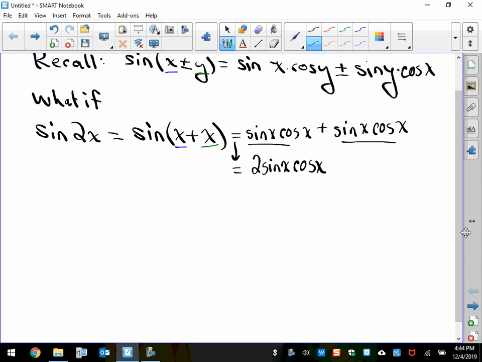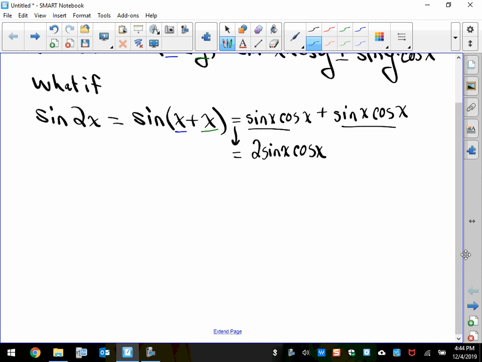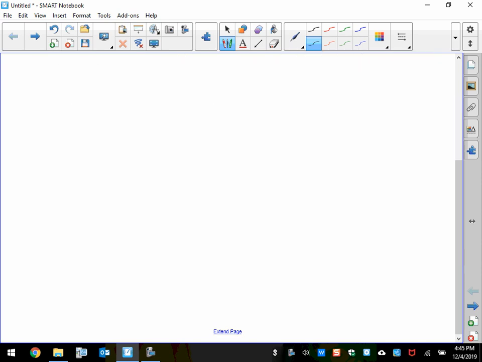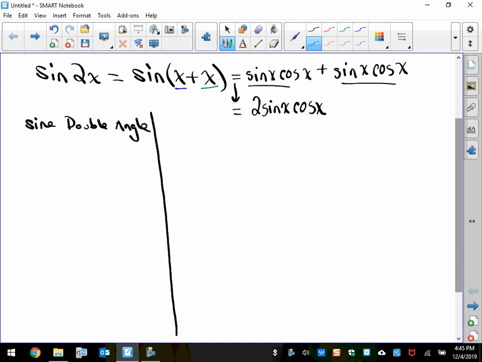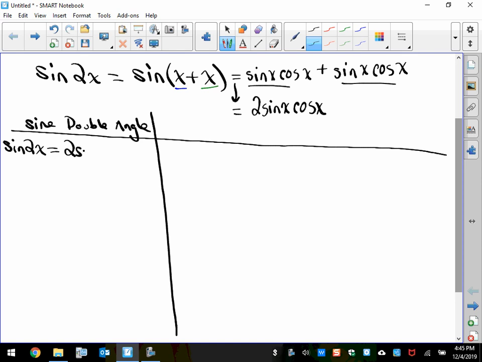So let me give you all of them. You've already seen sine, but let me write them in a nice orderly fashion here. So I'll say the sine double angle. We'll make some columns, why not? So this one is sine of 2x equals 2 sine x cosine x.